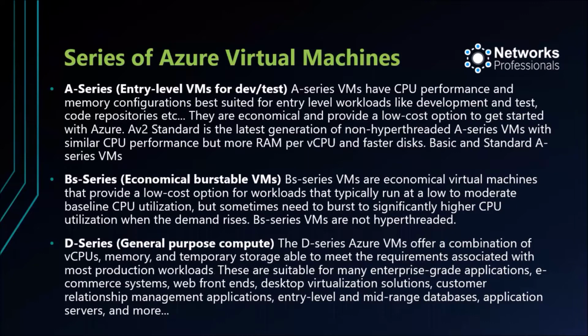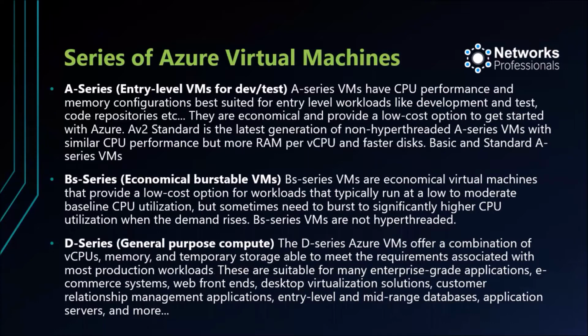A version 2 standard is the latest generation of non-hyper-threaded A series virtual machines with similar CPU performance and more RAM per virtual CPU and faster disks.